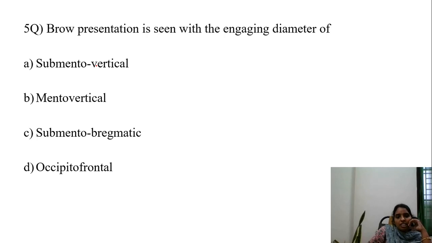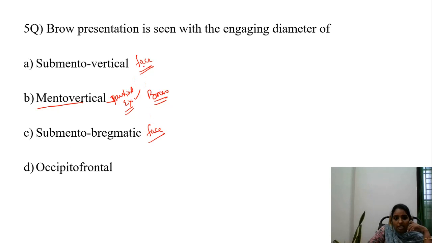Next, brow presentation is seen with which engaging diameter? In brow presentation there is partial extension, and the diameter is mentovertical. Submentovertical is face presentation, and submentobregmatic is also face presentation; these are incomplete extension and complete extension.